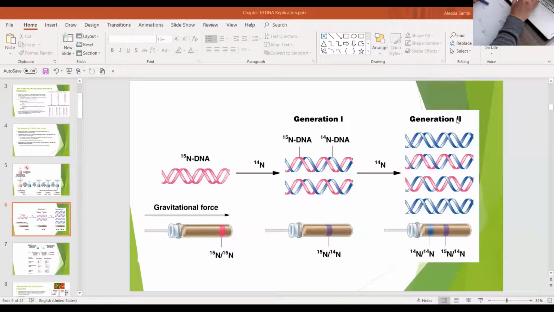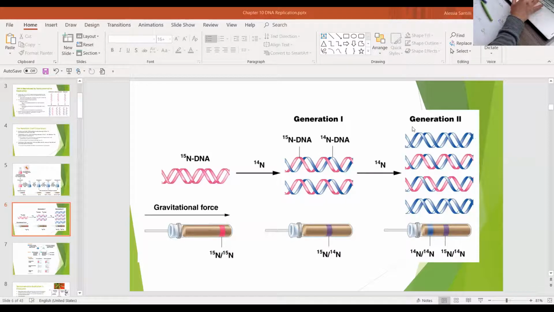And then they saw that if they continued, so the second generation, if they continued to allow the E. coli to grow in that 14N media, with the second generation, now they actually had more bands come up. Some bands had DNA that was only 14N. So if you think about this one DNA molecule separating, so you have the old 14N strand and the old 15N strand, we still have an old 14N and then a new 14N.